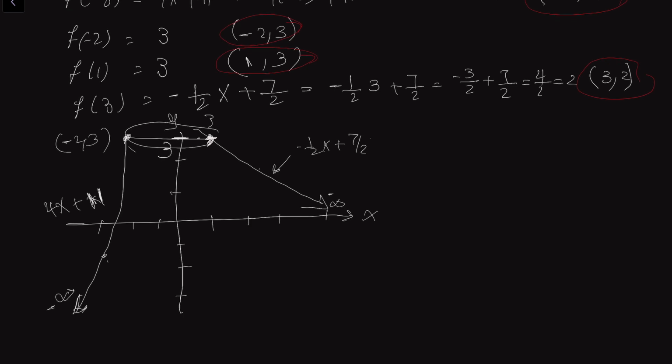Okay? So the domain, start from the left here, -infinity to -2. So the -2 is going to be included in both functions. It's going to be open with the -infinity and closed with the function at -2 and 1. All right?